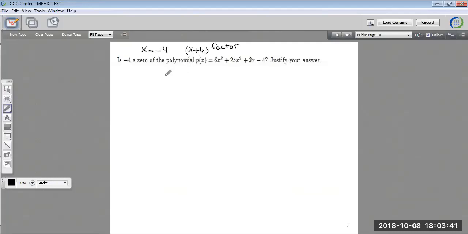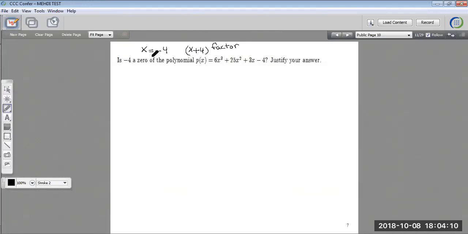So if it is a factor, if I divide x plus 4 into this polynomial, my remainder would turn out to be equal to 0. Right? So if the remainder turns out to be equal to 0, this would be the factor and this would be the zero. So you have to figure out whether we get a 0 as a remainder.